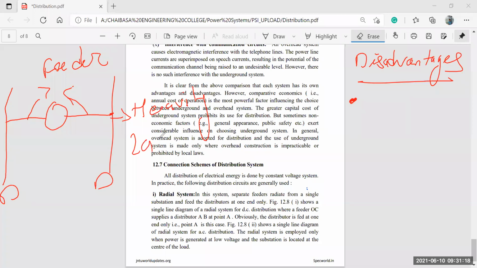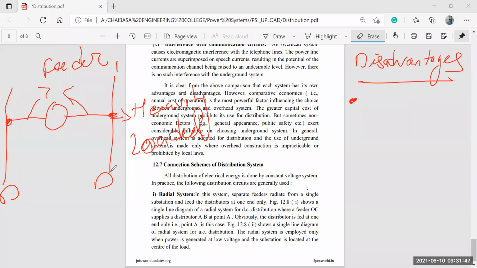So this is one disadvantage: the distributor near the feeding end is heavily loaded.